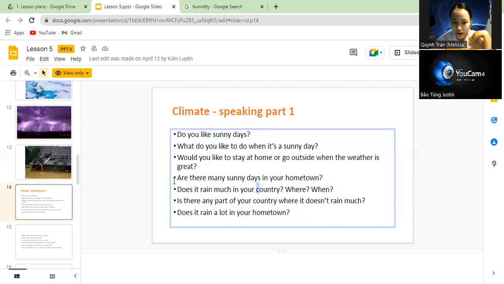Gentle rain is a noun, so if you want to use "it", you have to say it rains gently, or we have gentle rain, or we normally have a breeze.